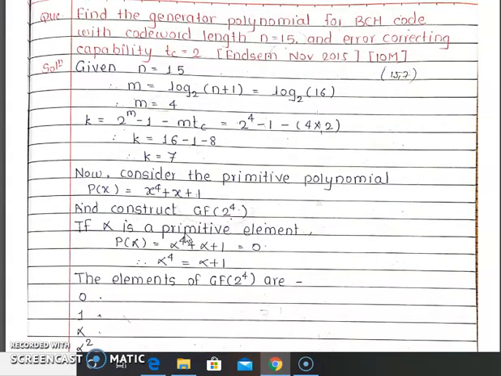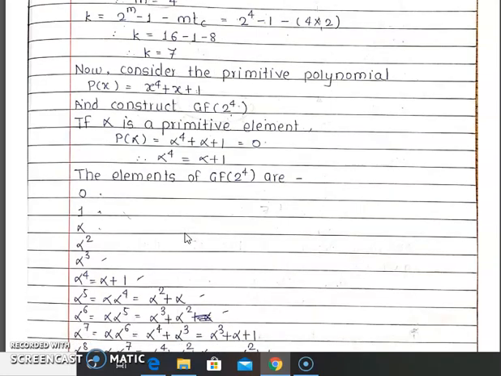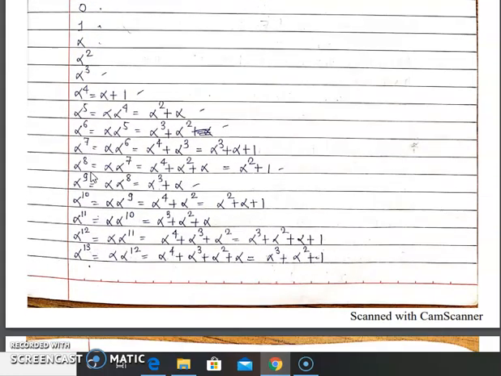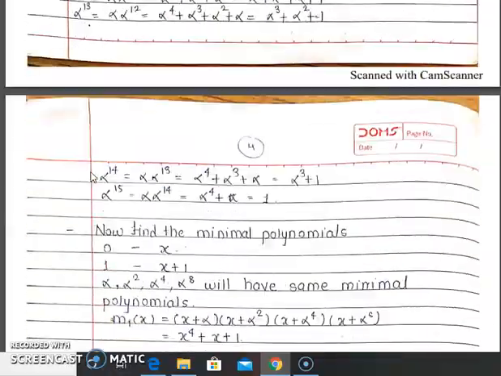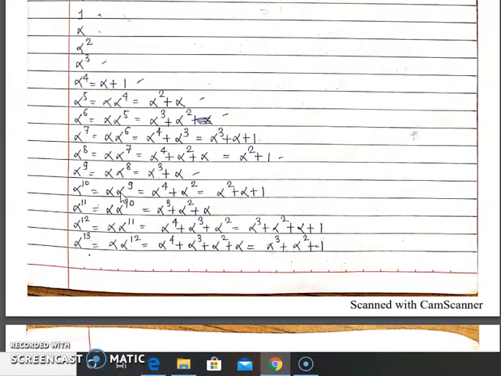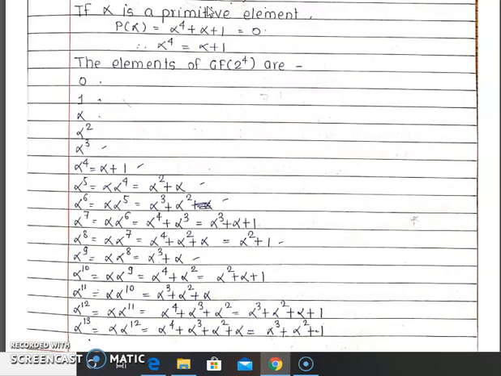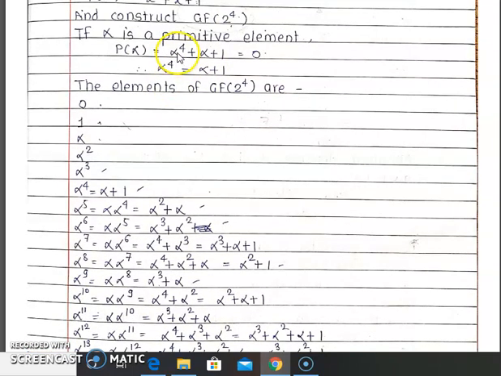That means 2 raised to 4 means how many elements are there? Total 16, starting with 0, 1, alpha, alpha square, alpha cube, up to alpha raised to 15. These 16 elements are there, and the primitive polynomial is x raised to 4 plus x plus 1.